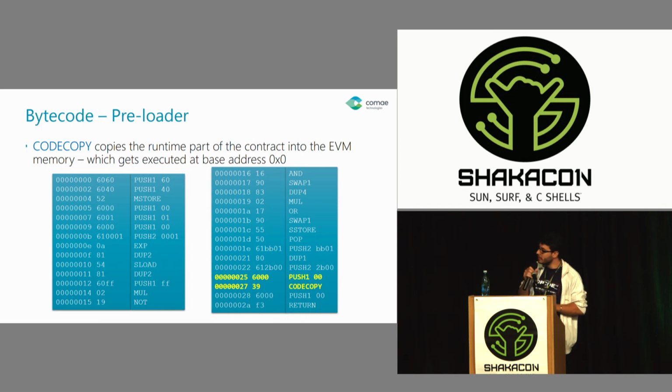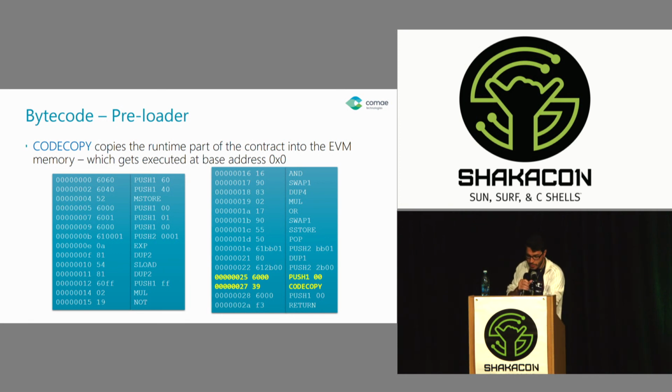The most interesting instruction here is CODECOPY, which is in charge of reading the actual runtime code and copying it in memory to be executed by the Ethereum virtual machine. Most of the instructions we see before are quite standard. Here we would see the address of the actual contract where it's stored, and the size of the actual contract.